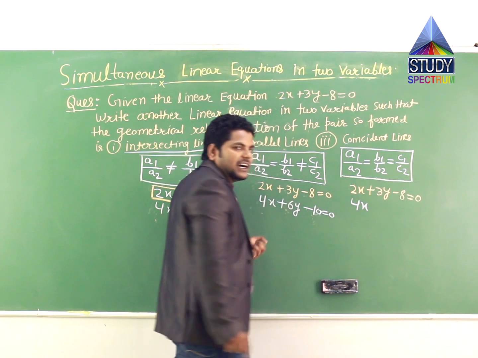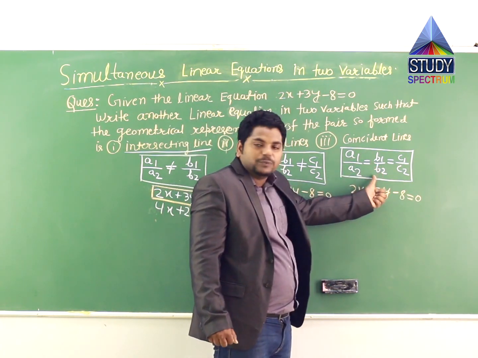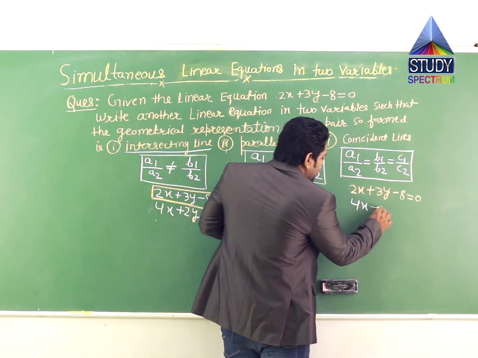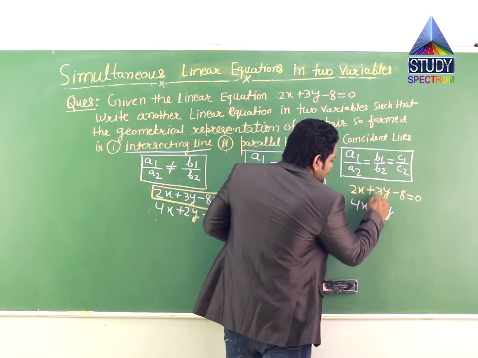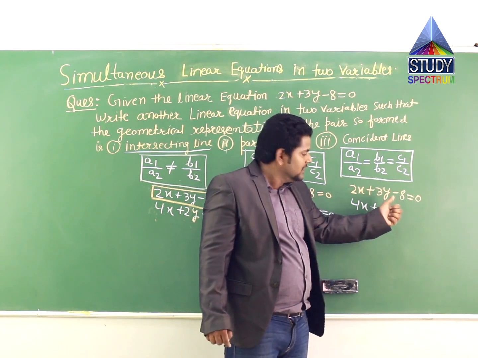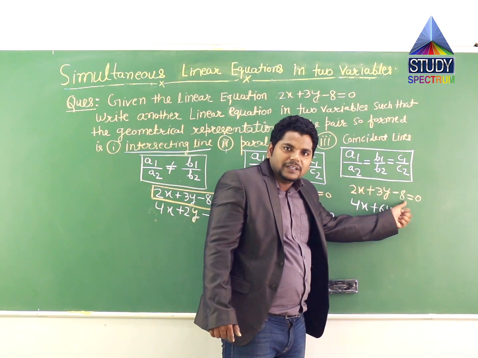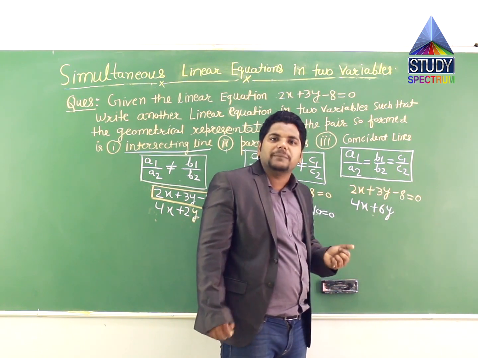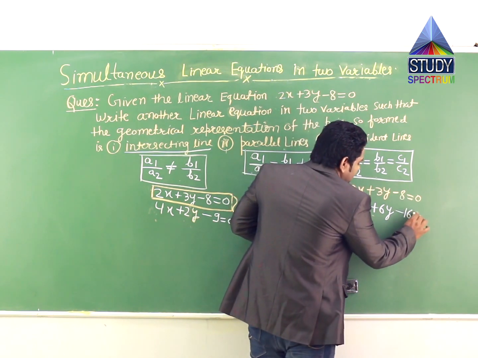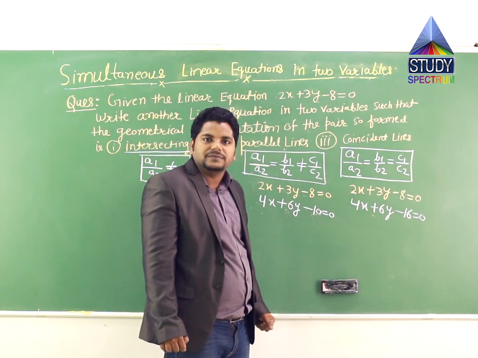So 2 by 4 is half. So a1 by a2 is half, and b1 by b2 should also be half, so for 3 to make it half, we will take plus 6 here. So 3 by 6 is half. Now come to the constant, which is minus 8. To make it 1 by 2, we have to write minus 16. The minuses cancel out, and 8 by 16 is half.